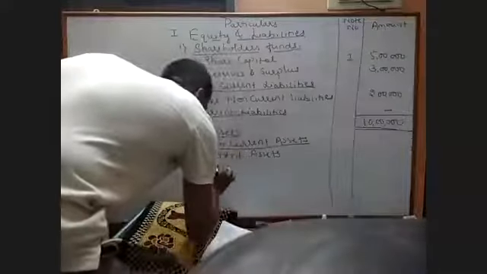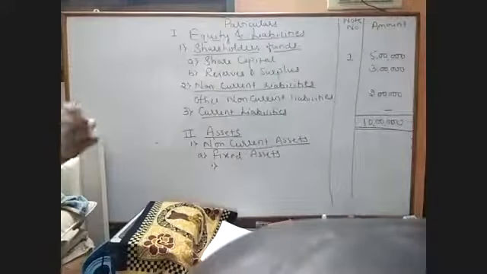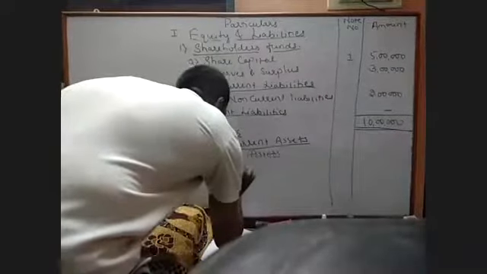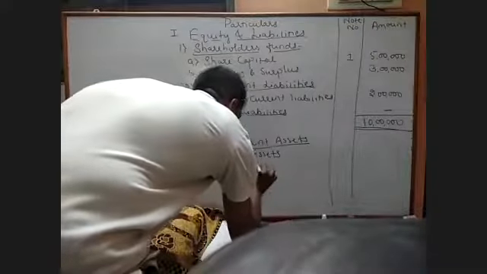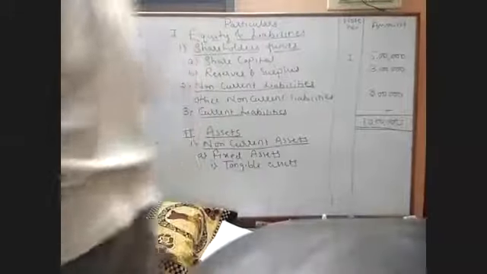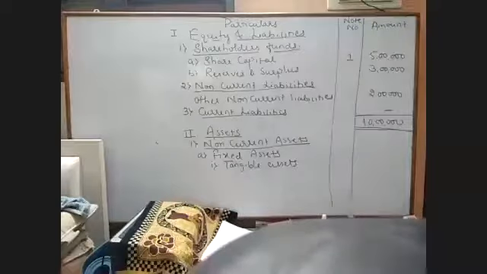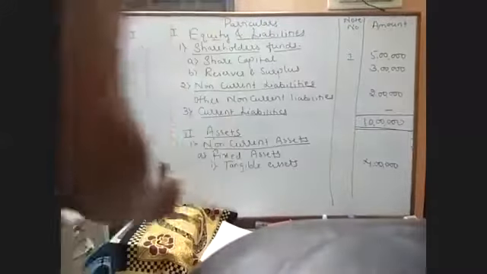And under that fixed asset, small Roman 1, that is tangible assets. And you can see what is the amount of tangible assets? 4 lakh. The tangible asset is 4 lakh.